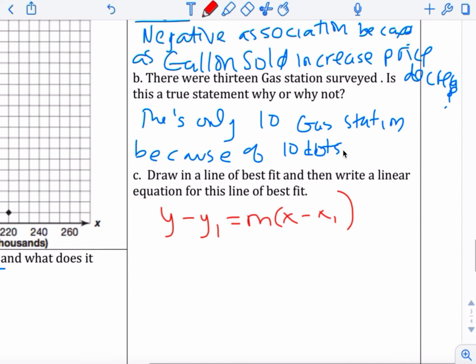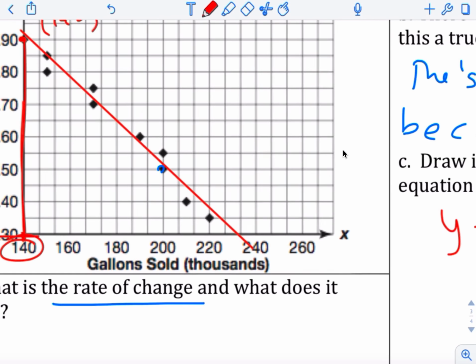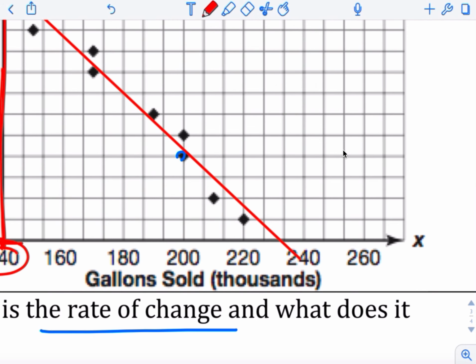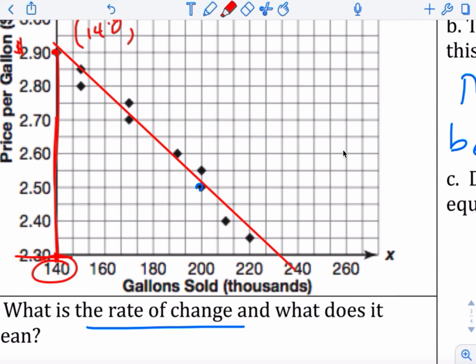So let's say you use that dot, 140 and $2.90. Well, I'm going to draw the line of best fit somewhere in the middle. It didn't touch, oops. It doesn't have to touch any of the dots that are there. I'll use this one right there.